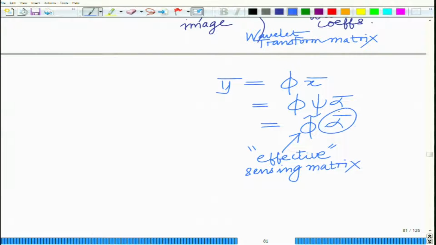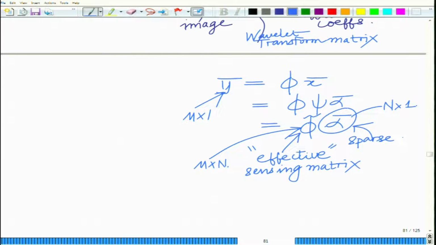Now alpha bar is sparse, and you still have the same relation. This is m cross 1, this is m cross n, and this is n cross 1.